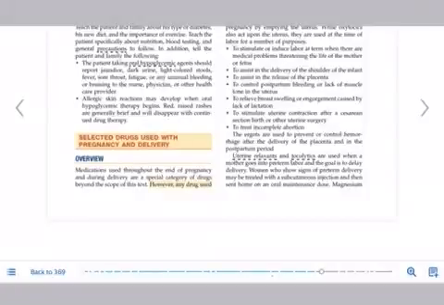All right, so medications for use throughout and the end of pregnancy and during delivery. It's a totally specialized category of drugs. They'll be used antepartum, intrapartum, and postpartum.